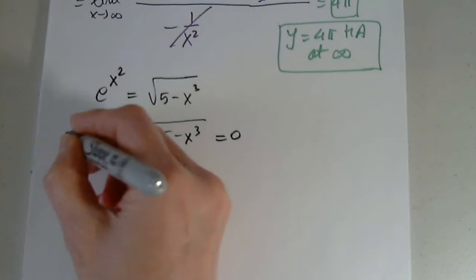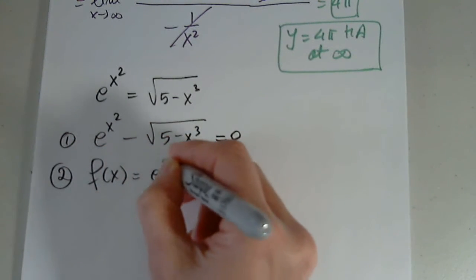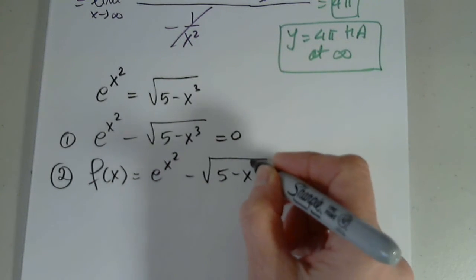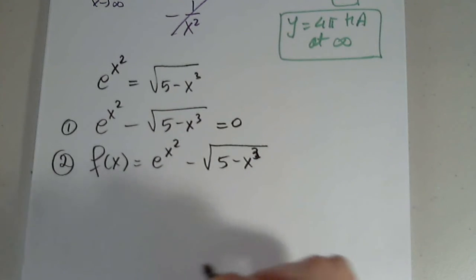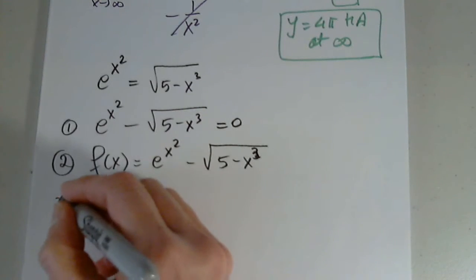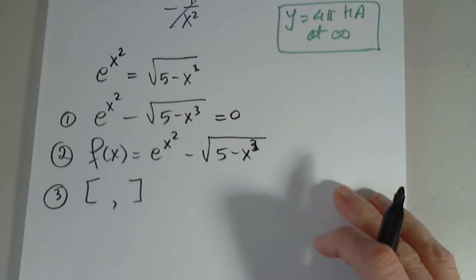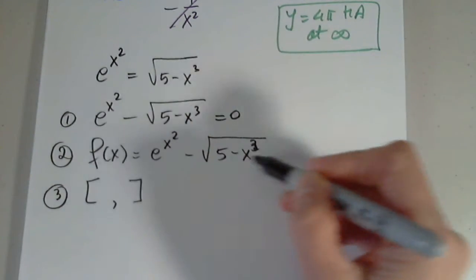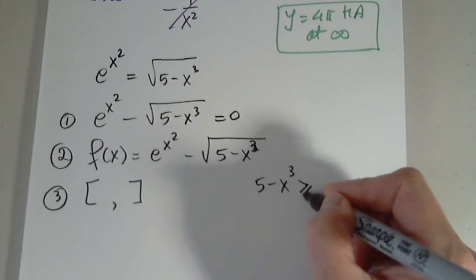This is step 1. In step 2, I have to denote the function by f of x, or whatever you want, it doesn't matter. In step 3, I have to find an interval. First I have to make sure that I know where this is defined, and it is not defined everywhere. 5 minus x cubed has to be greater than or equal to 0.